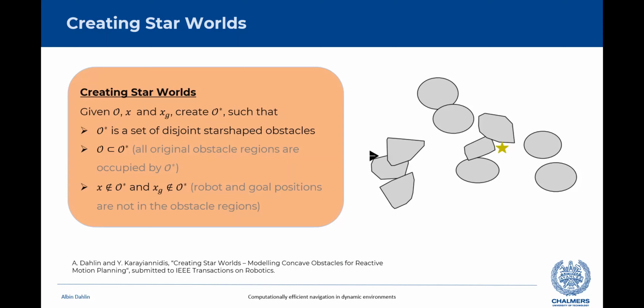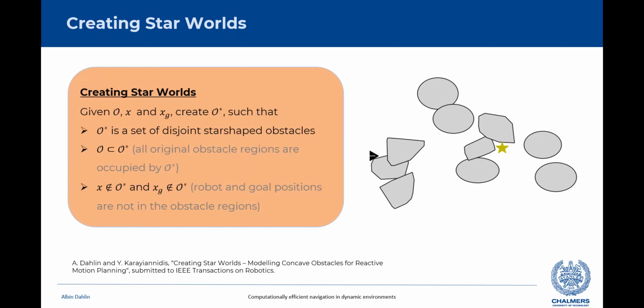The new obstacles should fully cover the original ones, and neither the robot position nor the goal position should be within the created set. And this should also be done in an online fashion.